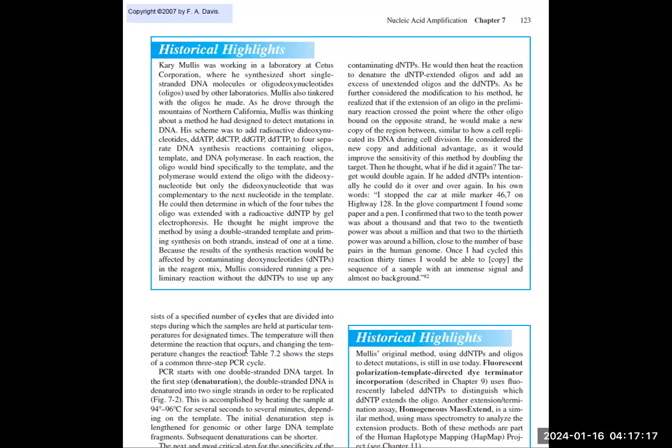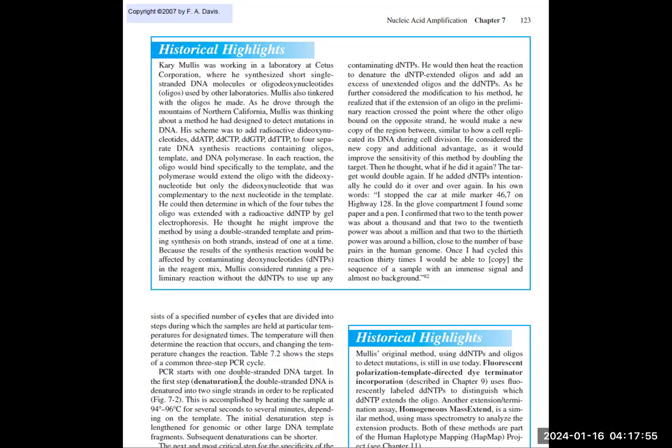And also, the time has to be changed. So again, the temperature changes influence the reaction, and a common three-step PCR includes denaturation. What happens with denaturation? Denaturation, guys, is where our double-stranded DNA separates into single strands to be replicated.